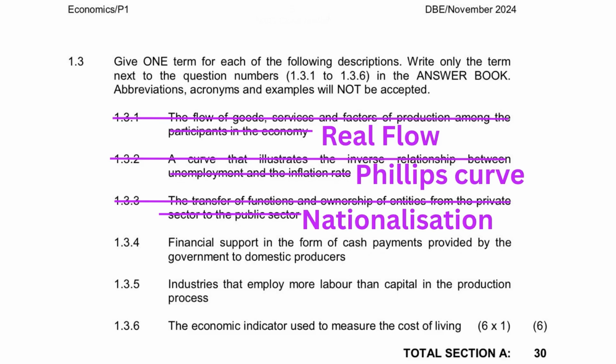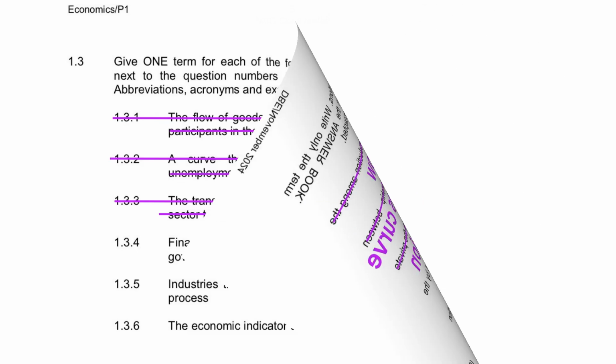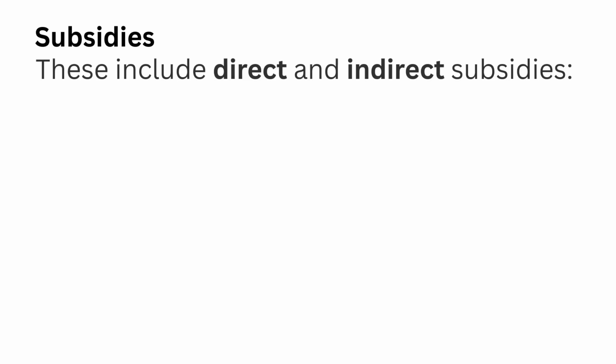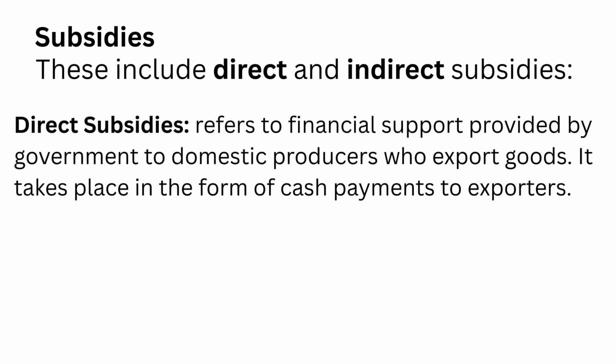1.3.4 now says the financial support in the form of cash payments provided by the government to domestic producers. Now let's go back. We have subsidies. These include direct and indirect subsidies. Direct subsidies refers to the financial support provided by the government to domestic producers who export goods. It takes place in the form of cash payments to exporters.